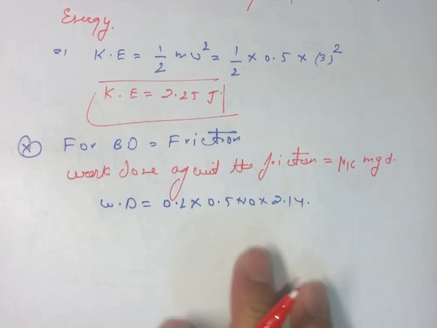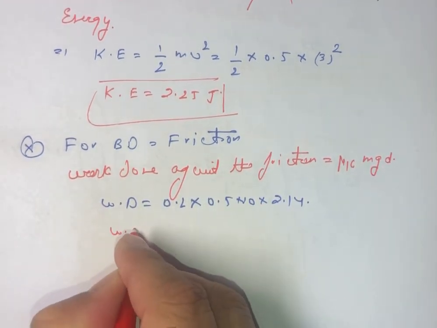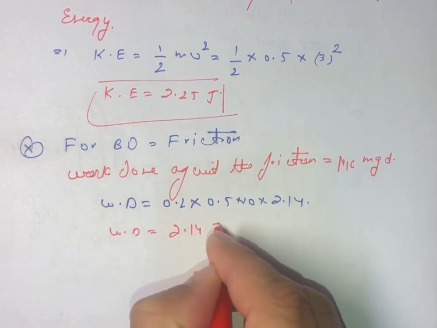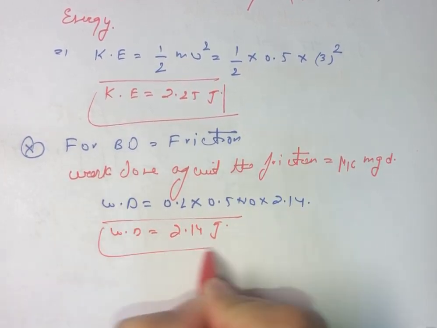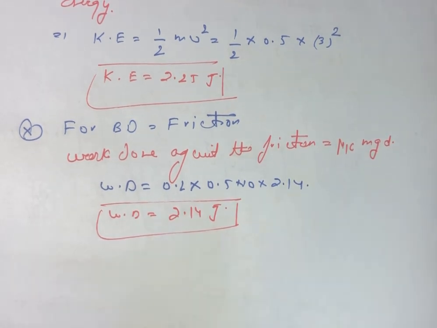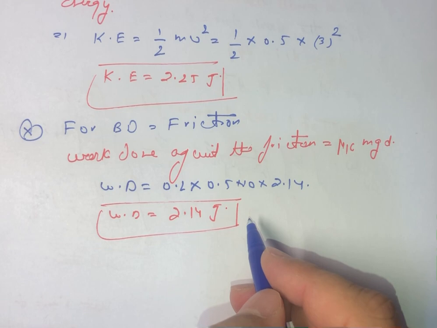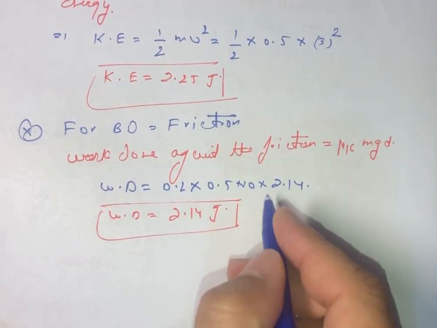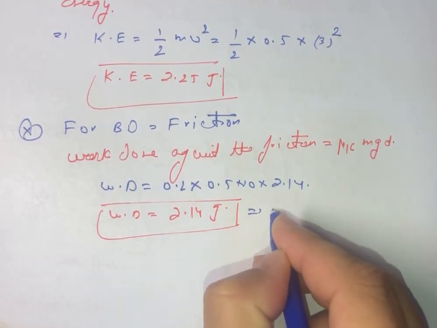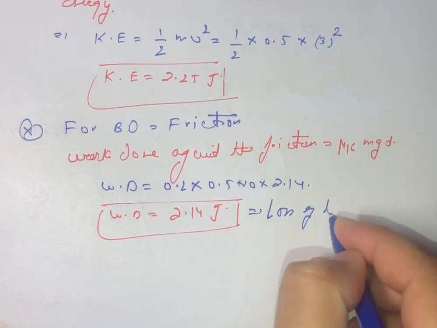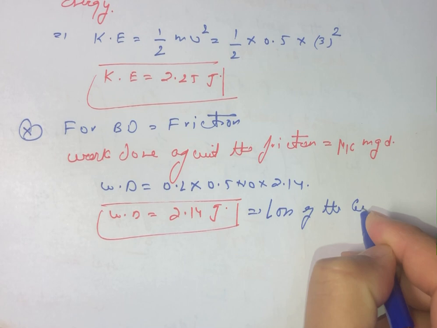So the work done will be 2.14 joules. This is nothing but the loss of kinetic energy.